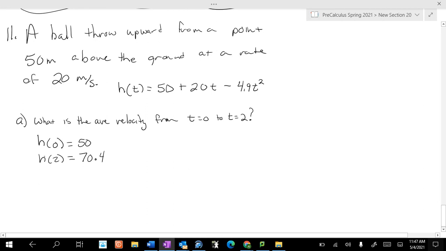What? Oh wait, never mind. You're right. Okay. Most of the time I trust people, but that one doesn't sound right. So, average velocity equals 70.4 minus 50 over 2 minus 0, which is 20.4 over 2, which is 10.2.